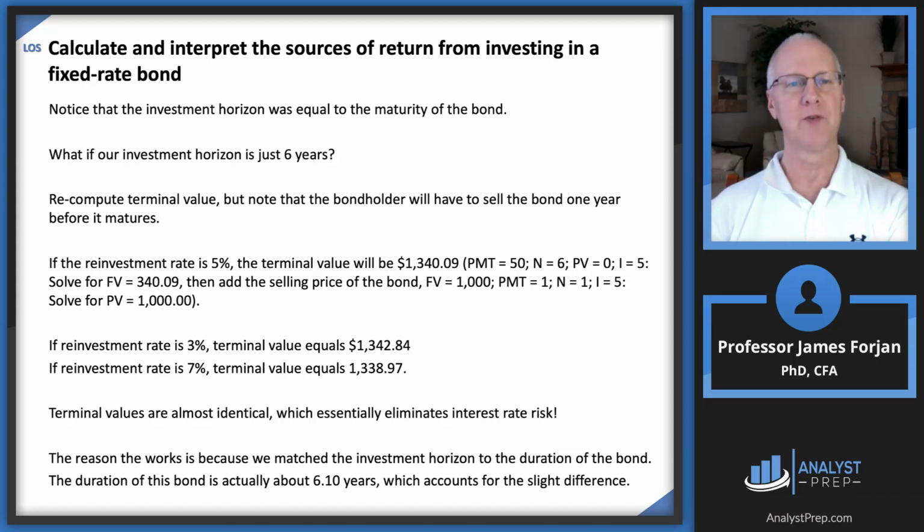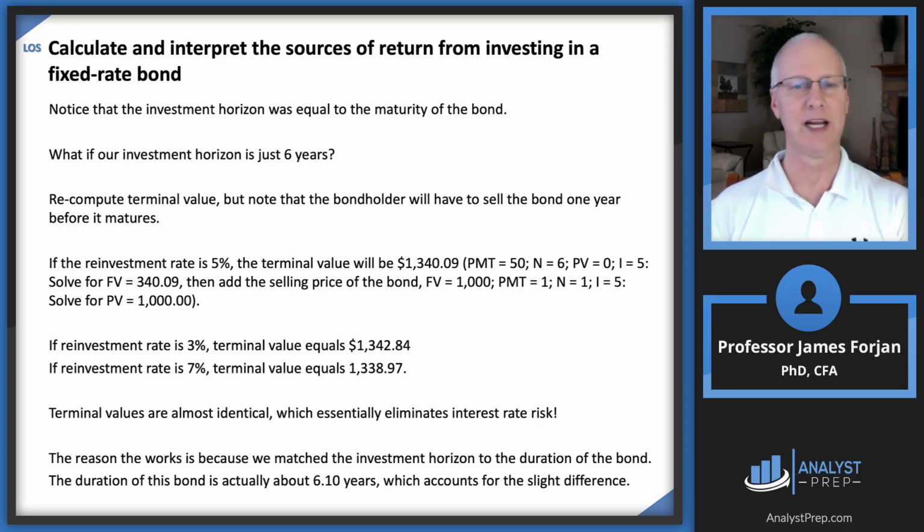Now, the reason that this works is not because I just picked 6 years randomly at the top. It's because of some important risk concept in the fixed income world. The reason this works is because we match the investment horizon. We're going to build the swimming pool in 6 years with not the maturity date of the bond, but something that's called the duration of the bond.